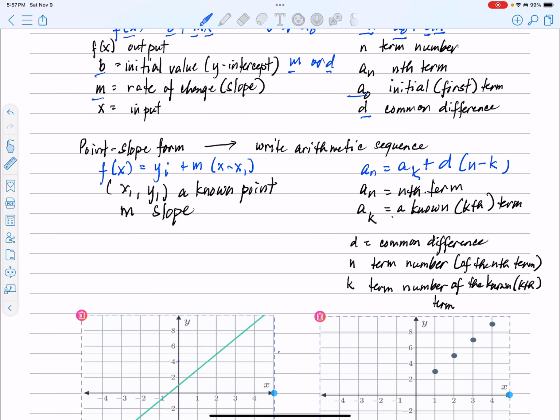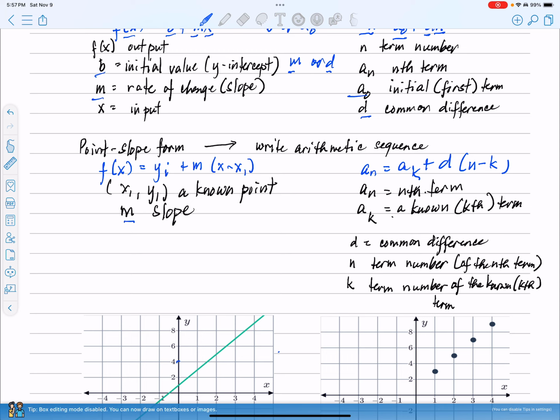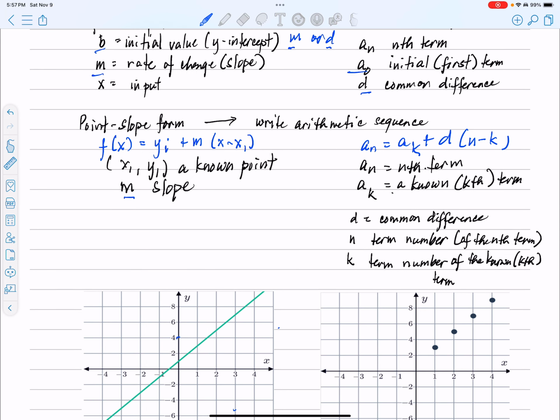Well, with arithmetic sequence, a sub n equals a sub k, that is the k term, plus d times n minus k.